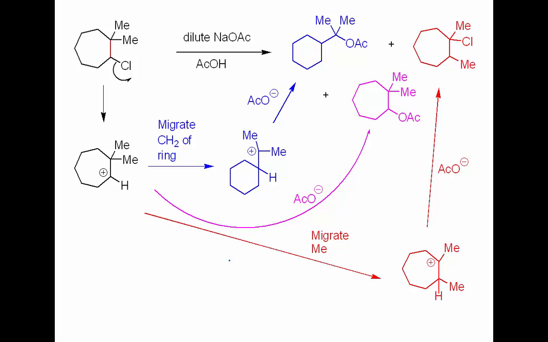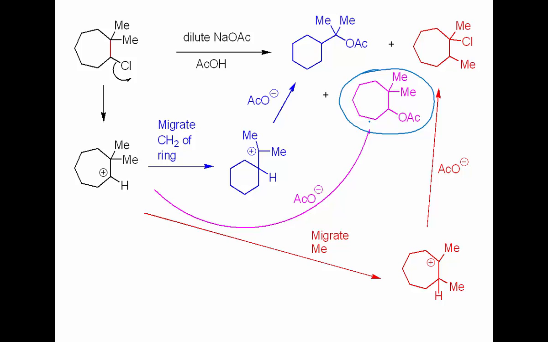Okay, so here's our mechanism. We dissociate chloride to make a carbocation. Okay, if it's universally an SN1 reaction, we're forming the standard product just by taking the acetate anion and reacting it with a carbocation.